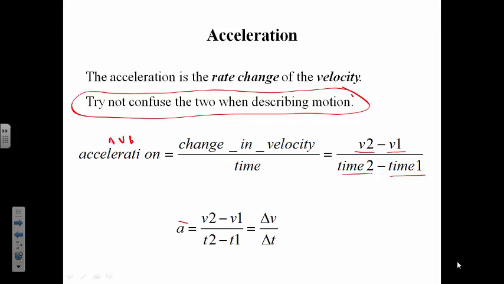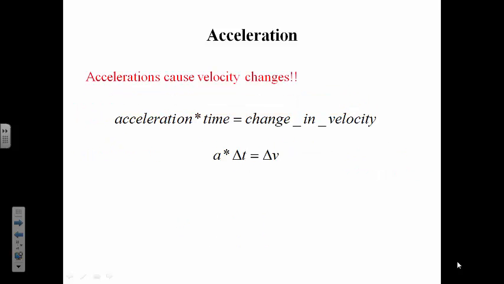divided by delta t. So we have some velocity at some initial point, and then at some point later in time we have a different velocity, and in order to have a velocity change, you have to have an acceleration. That's why we say here, accelerations cause our velocity to change. If you don't have an acceleration, your velocity doesn't change.